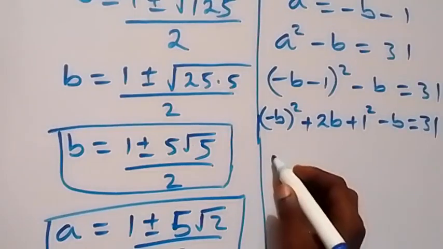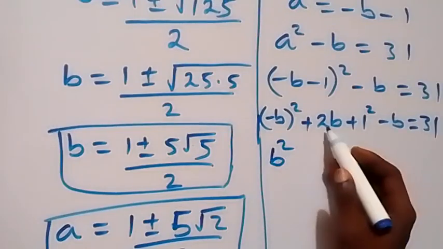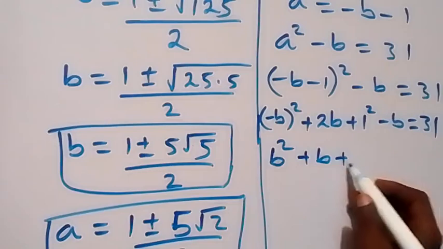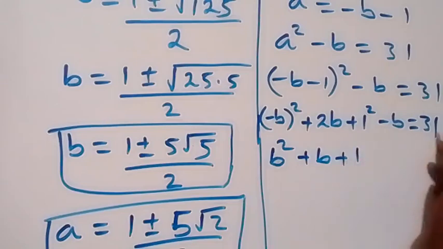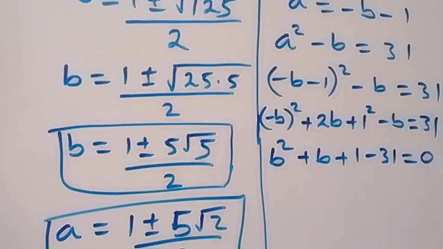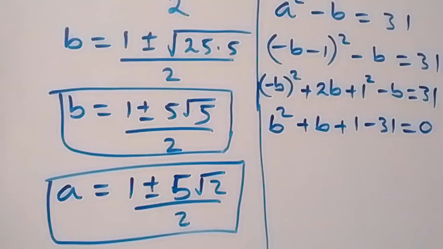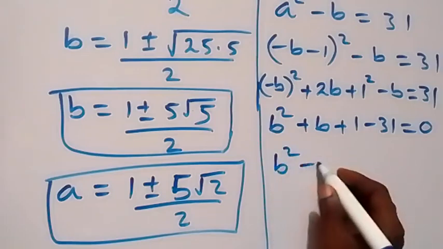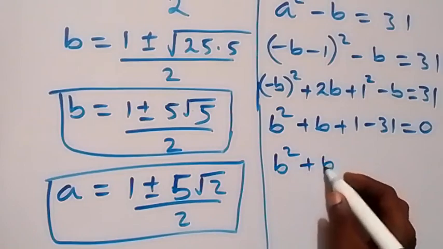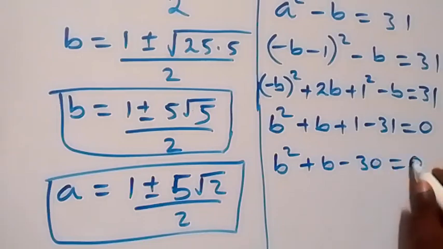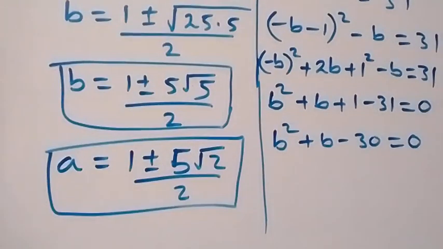Then we become B squared, then we have 2B minus B, that's plus B, then plus 1. Let's take 31 here because it becomes minus 31, now equals 0. Then from here, this becomes B squared plus B, then minus 30 equals 0. Then we can solve this quadratic equation by factorizing.